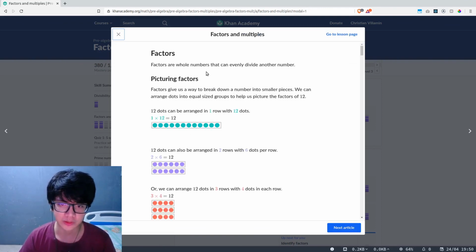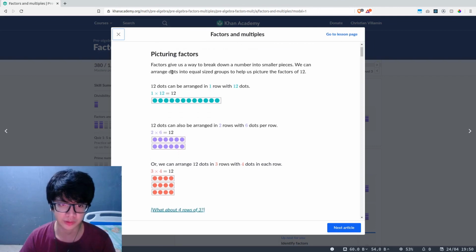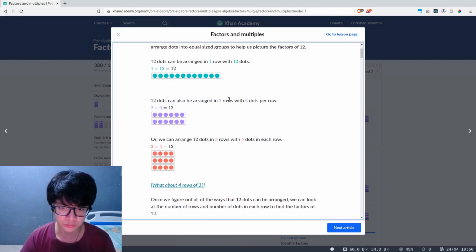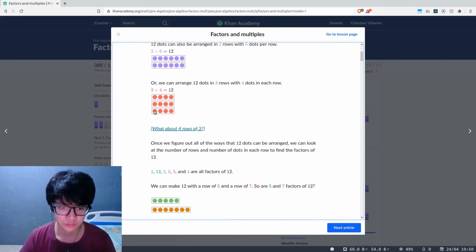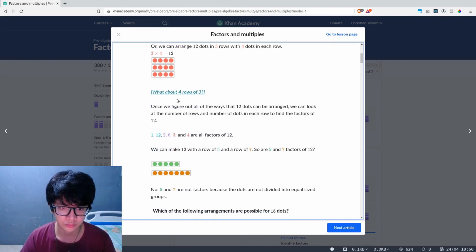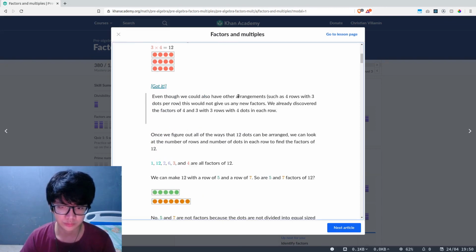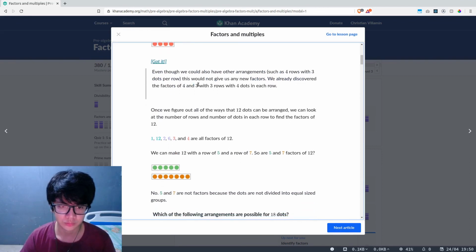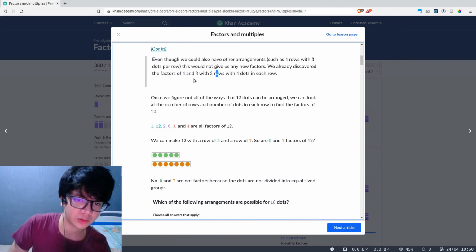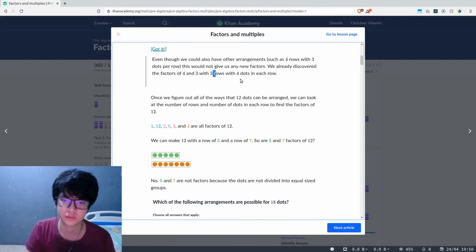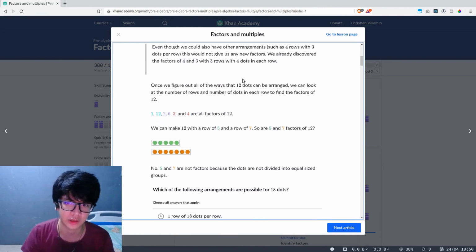Factors are real numbers that can evenly divide another number. Okay, wait, what?